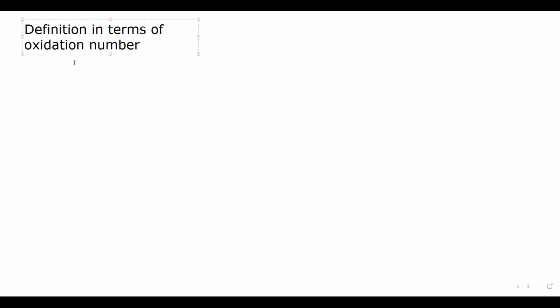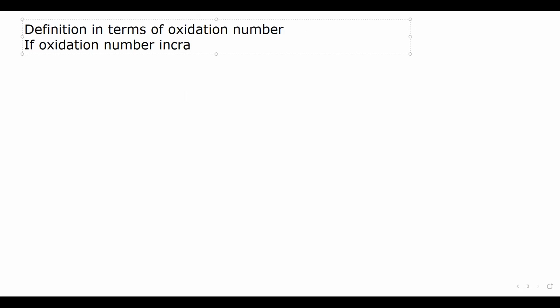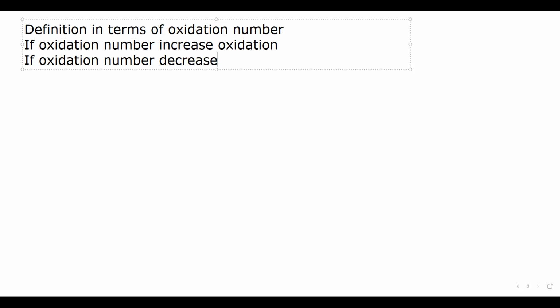What is the definition in terms of oxidation number? If oxidation number increases, we call it oxidation. And if oxidation number decreases, we call that reduction.